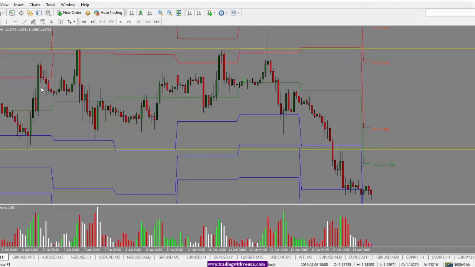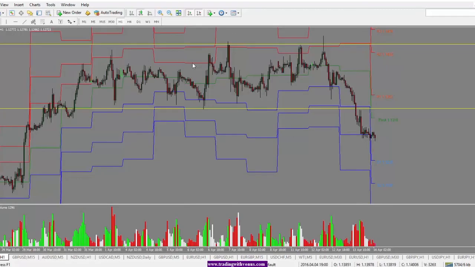In a range-bound market, generally the price is not able to break that range. It just goes back and forth between R1 and S1. R1 is your first resistance level, so you could look to sell there, and every time price comes to S1, you can buy, which would be the lower part of the range.